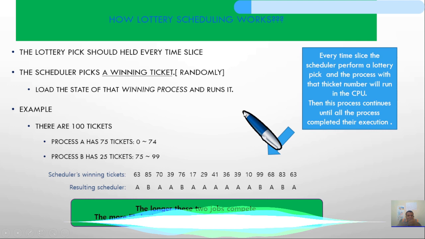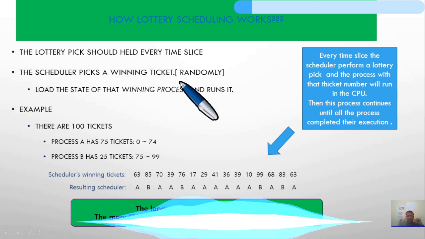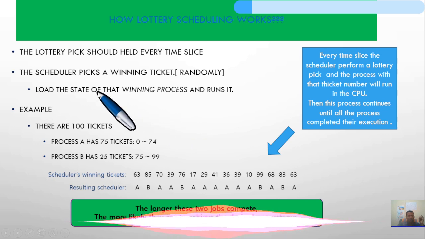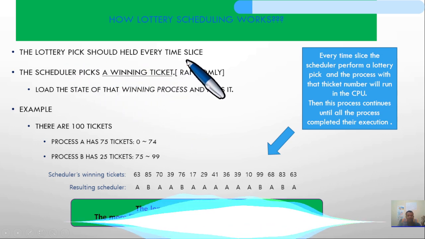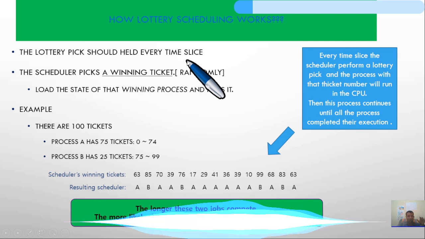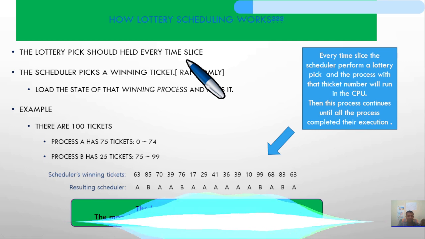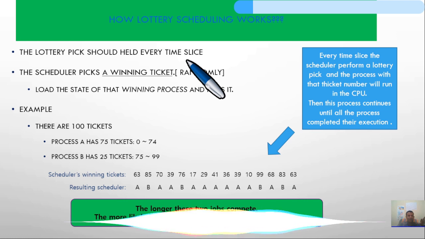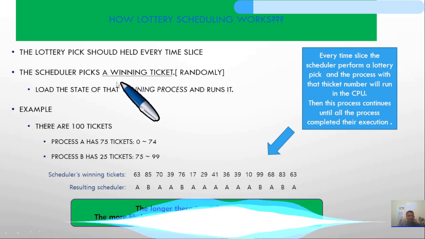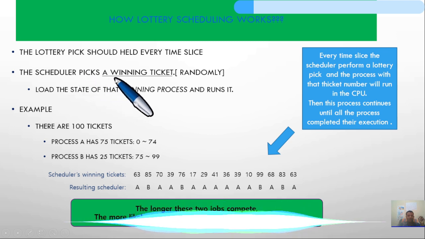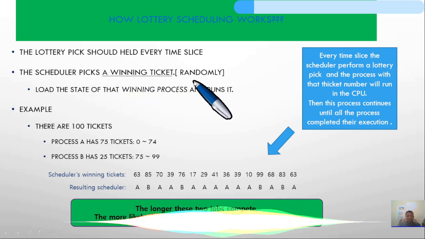So how does lottery scheduling work? What is the secret behind it? That is the next question. The lottery pick is held every time slice, or time quantum, of our CPU as per our operating system. Then the scheduler picks a winning ticket randomly.